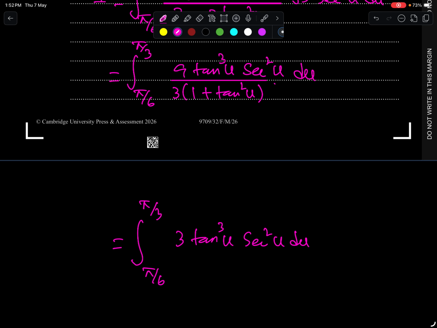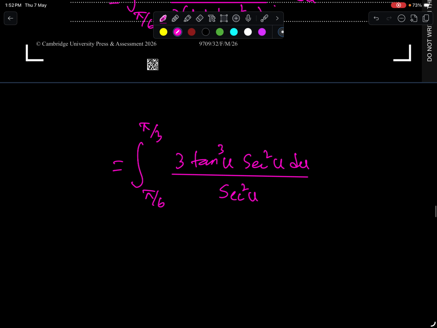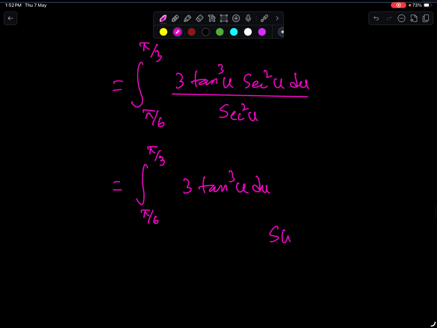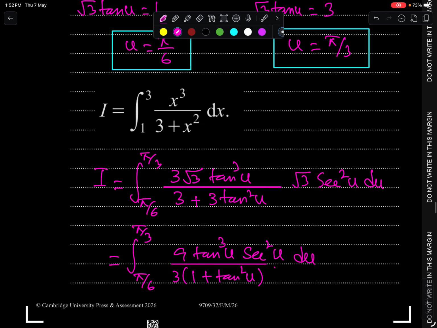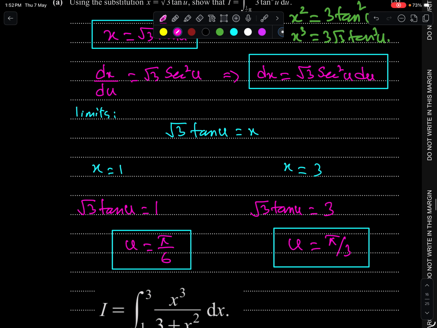In the denominator we have just sec square u. I use the identity. So finally we have 3 tan cube u, and this is what we had to show. See, 3 tan cube u. Now please check the solution.